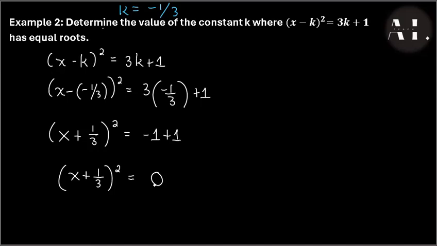Now, as you can see, the equation simplifies to x plus 1/3 is equal to 0, which gives a repeated root x is equal to -1/3. So, the value of the constant k, which is -1/3, makes the quadratic equation x minus k squared equal to 3k plus 1 have equal roots.